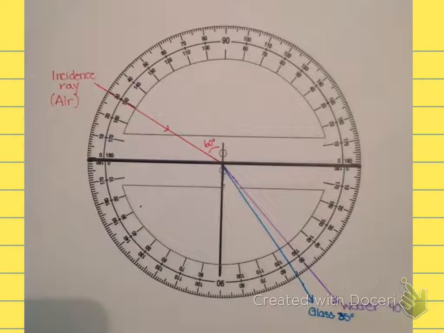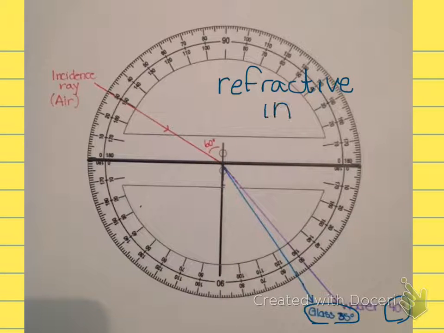Now if we go back to the little lab activity that you did, and we look at the different angles of refraction here, there's something called a refractive index. The refractive index is essentially a measurement of how much the speed of light is changed or reduced.